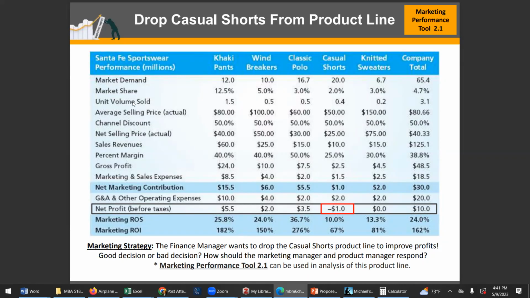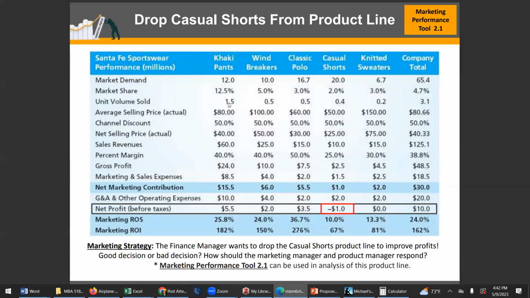So if the unit volume sold total across the entire company is 3.1, and classic polo is 0.5 or 1/6 of 3.1, then you would say, well, looks like most of our volume is coming from khaki pants.